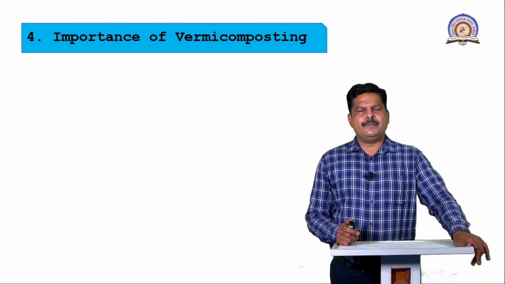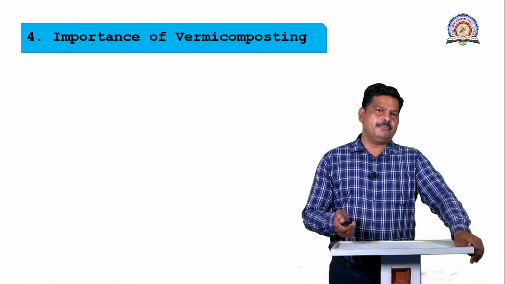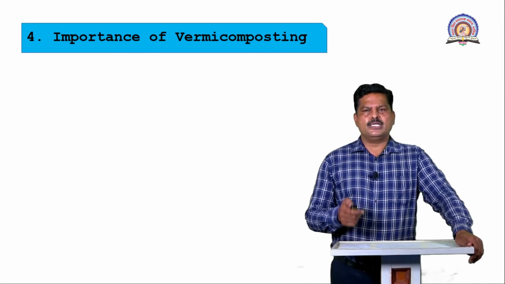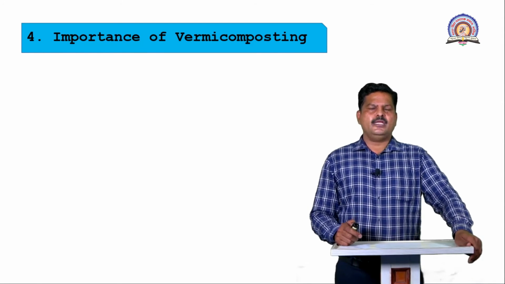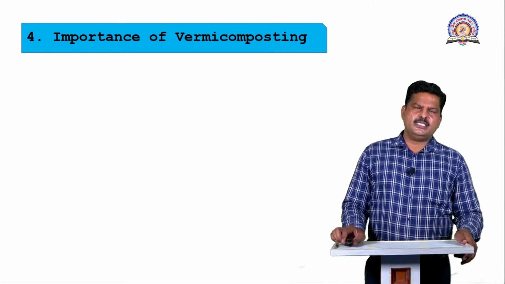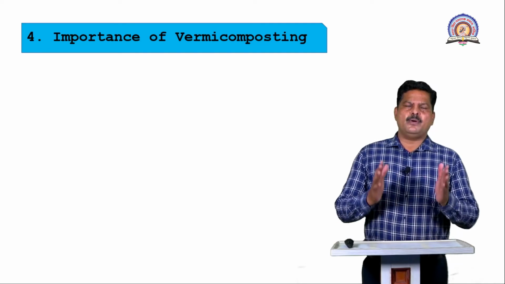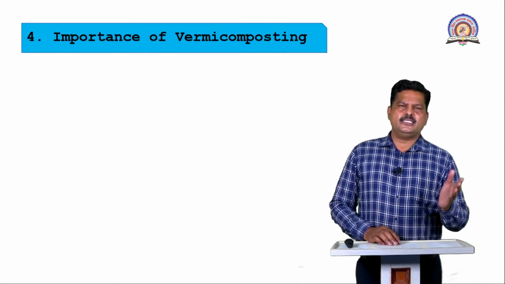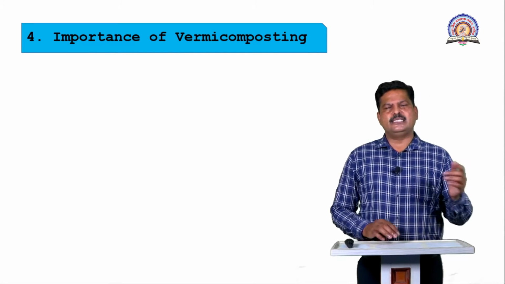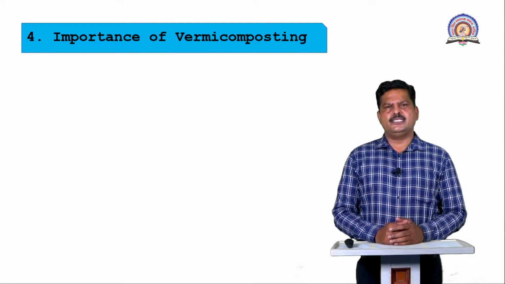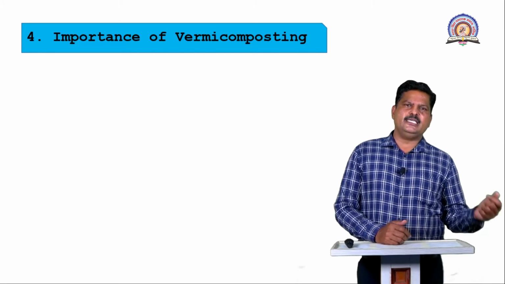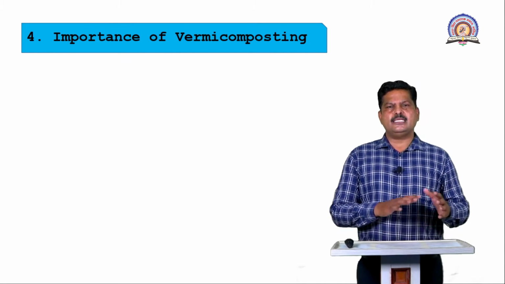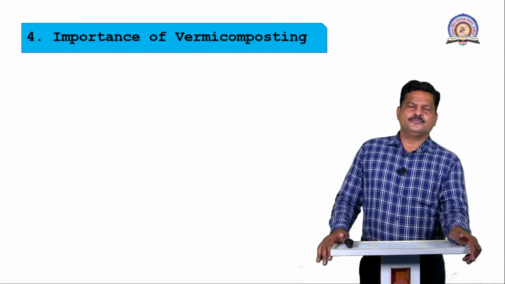Now, the last topic of the presentation: what is the importance of vermicomposting. Now in the agricultural field there is use of organic fertilizer. As we know, there are many drawbacks of synthetic fertilizer used in agriculture. It damages the quality of food as well as the soil health.